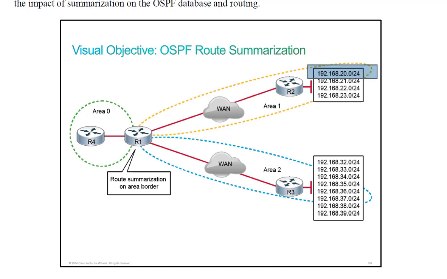Is 20 evenly divisible by 4? It is. So I know that I can summarize these 4 networks with one summary address. All right? What octet are we summarizing in? The third octet. Agreed? So a block of 4 in the third octet is 256 minus 4, which is 252. So the subnet mask is going to be 255.255.252.0, which is a slash what?